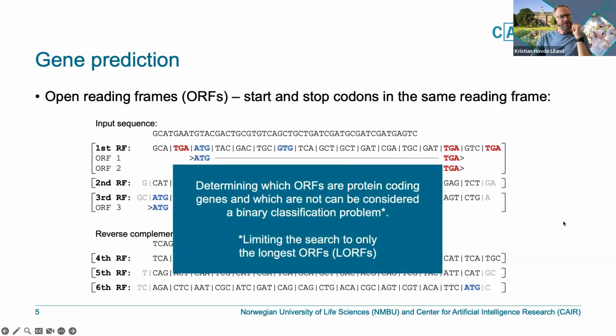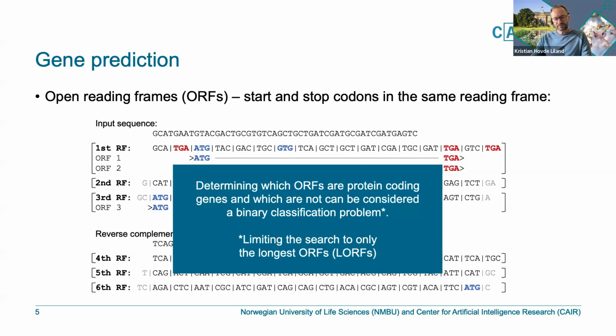Determining which ORFs are protein coding genes and which are not can be considered a binary classification problem. So it's either a protein coding gene or it's not. And limiting the search to only the longest ORFs, the LORFs, makes this simpler, and it doesn't matter too much for what analysis we're going to do later.